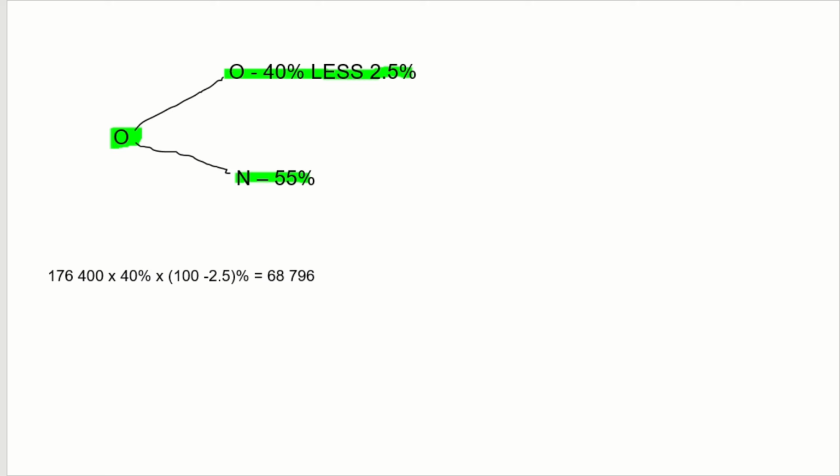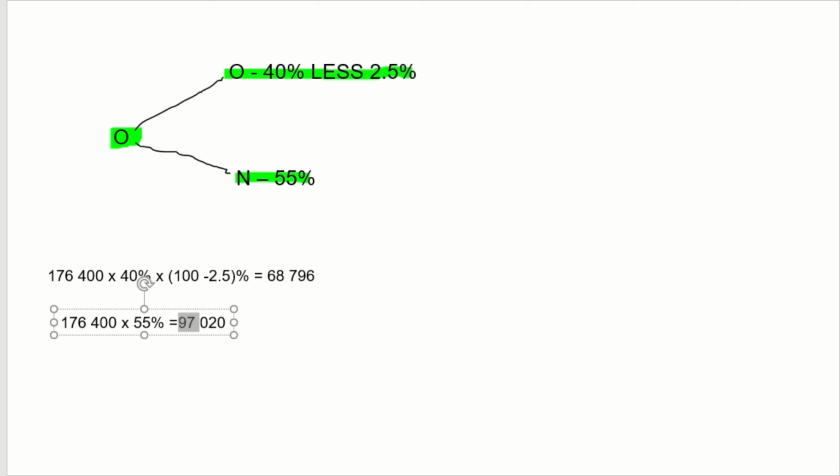Now, moving on to the month of November, the collection for November, we're going to come over here and say 176,400 rands multiplied by 55%. That's all. Then input that on your calculator, you're going to get 97,020.